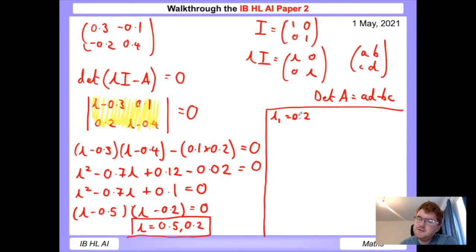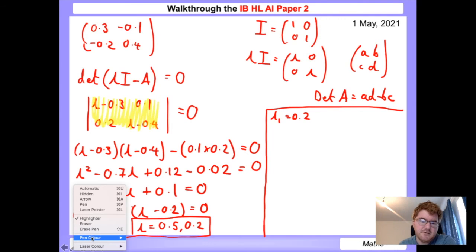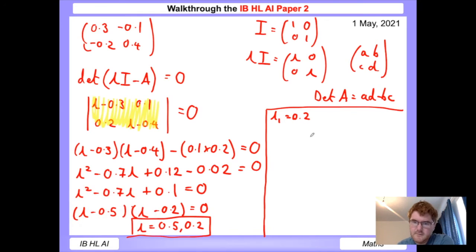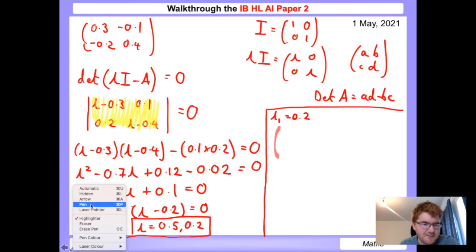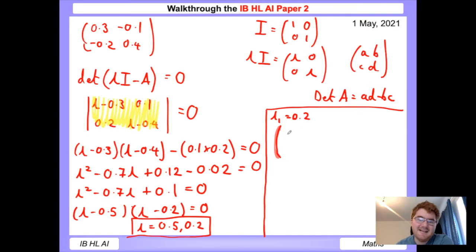So I'm going to substitute lambda for 0.2 into here. And what you'll notice is we get the matrix: 0.2 minus 0.3 is minus 0.1, 0.1, we get 0.2, and then lambda minus 0.4, that's minus 0.2.